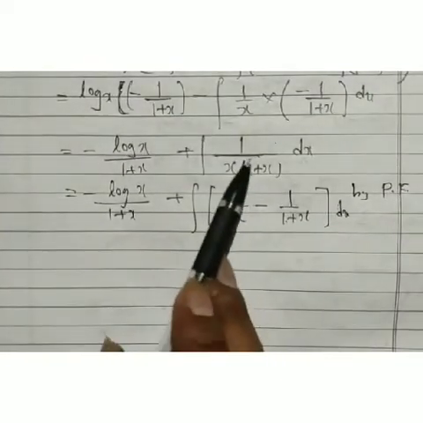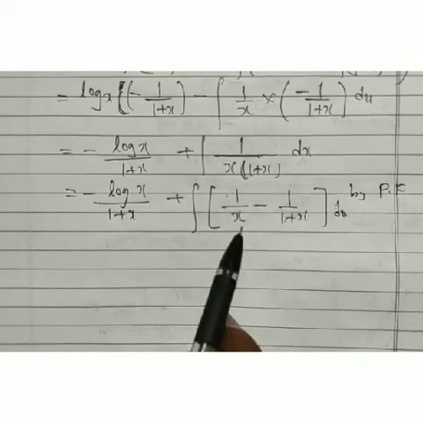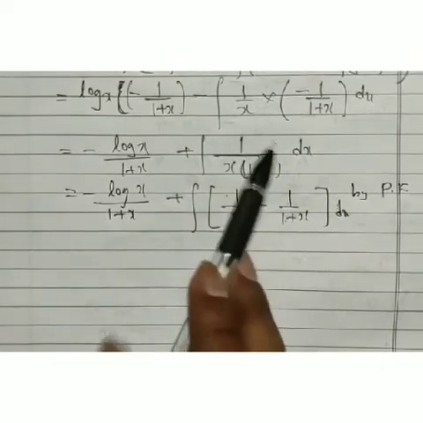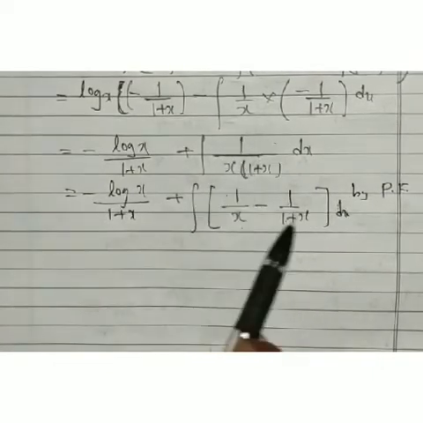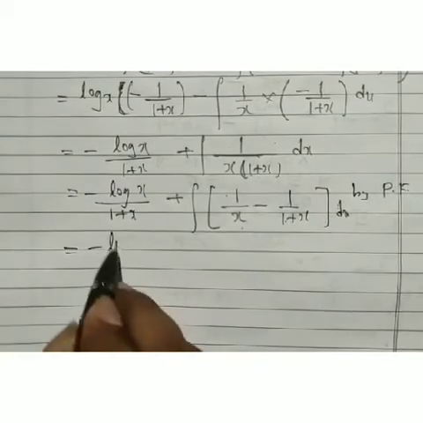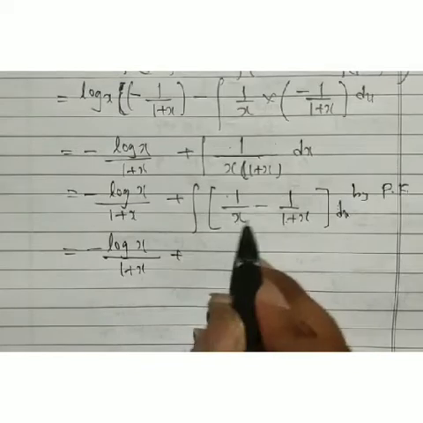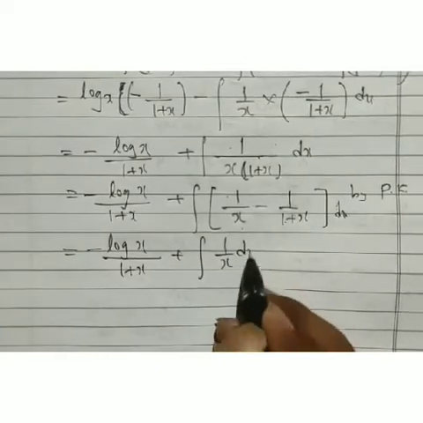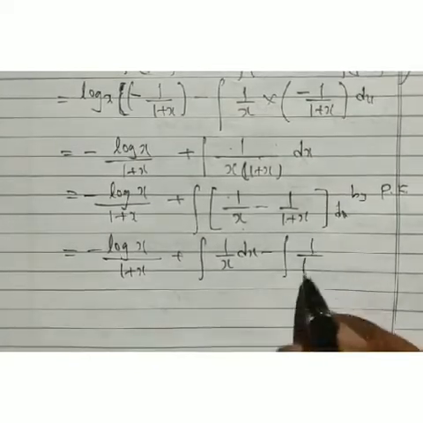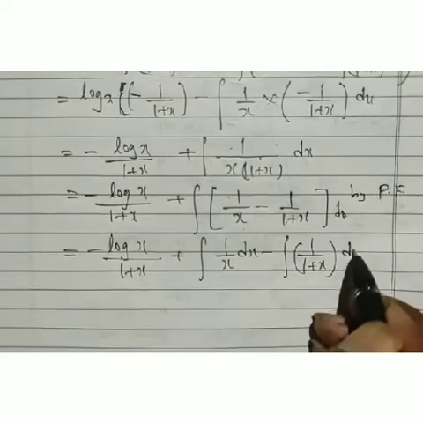From here, using the partial fraction method, we change our rational form into a simple form. Now minus log x upon 1 plus x, plus the integration of 1 by x dx minus the integration of 1 upon 1 plus x dx.